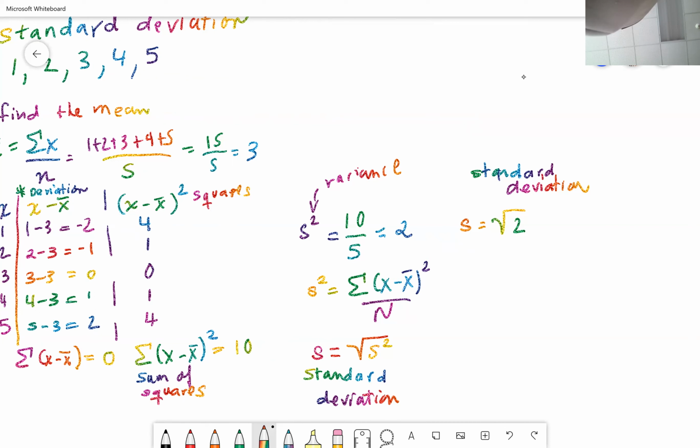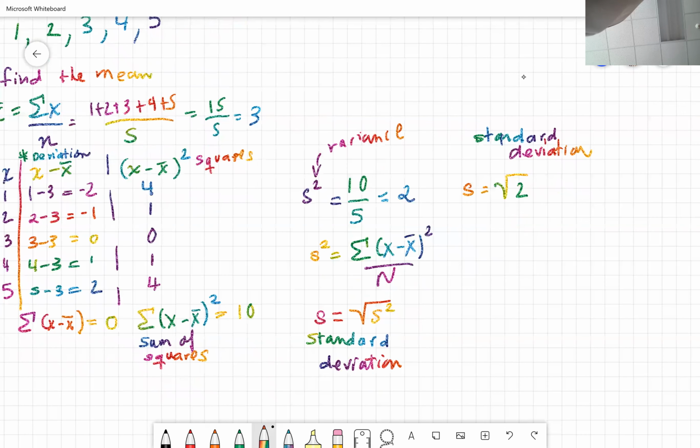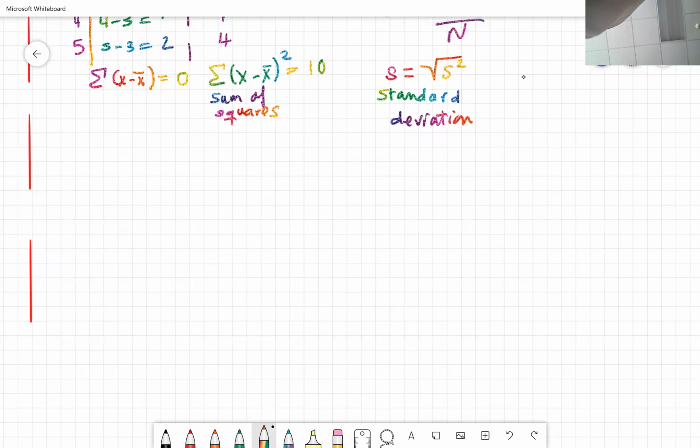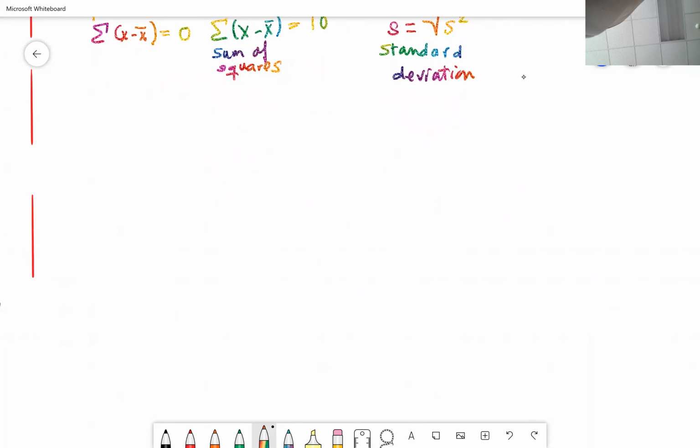Now, there's a shortcut to doing this. Those of you who took statistics before, do you remember how to do the shortcut to standard deviation or the variance? Do you remember how you reacted when I said it was a shortcut and you got upset at me? It didn't feel like a shortcut.